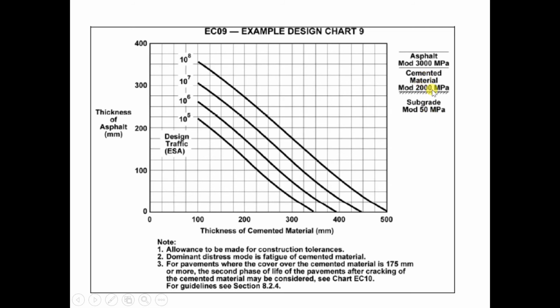The cemented material modulus is 2000 MPa, asphalt is 3000. Roughly, with this thickness of cemented material and this thickness of asphalt, you can see whether it is able to withstand the traffic that you want. Maybe your traffic is 2 times 10 to the power 7, somewhere between 10 to the power 7 and 10 to the power 8.